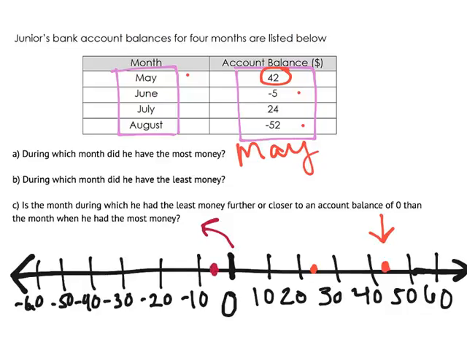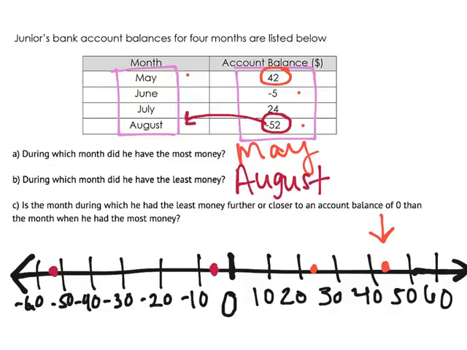And negative 52 is going to be somewhere all the way down here in between negative 50 and negative 60. So using this number line as a tool to help me, I know that the smallest value is going to be the one that is the furthest to the left on the number line. So that's going to be negative 52. Negative $52 was in the month of August.